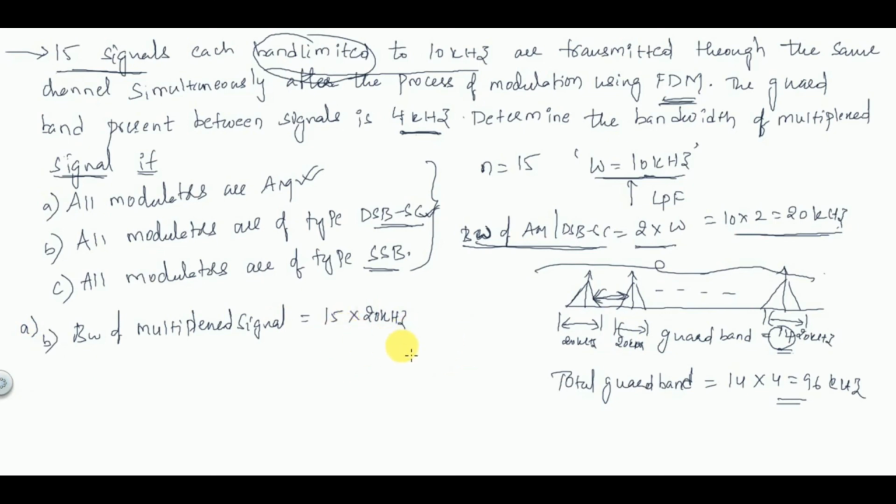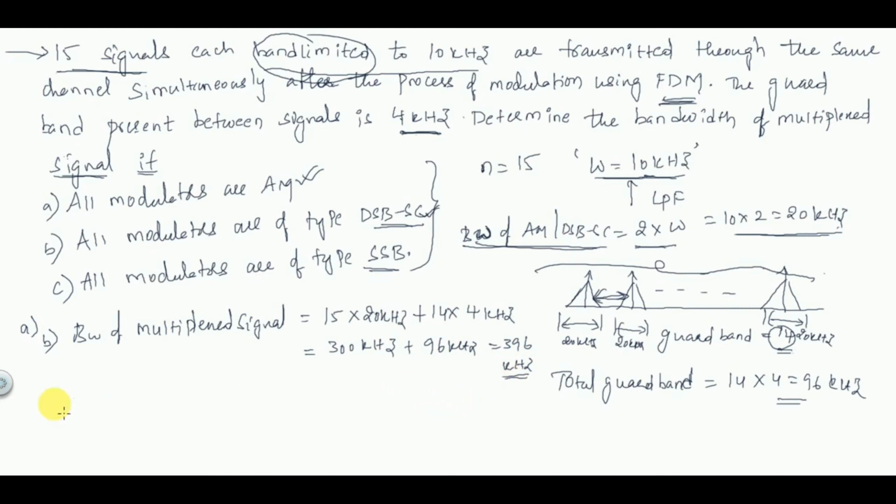So 15 signals, each having a bandwidth of 20 kilohertz, plus in between them there are guard bands which are 14 in number, and each guard band is 4 kilohertz. This will be the bandwidth of the total multiplexed signal. So this will be 300 kilohertz plus the guard bands, which is equal to the bandwidth of the multiplexed signal.